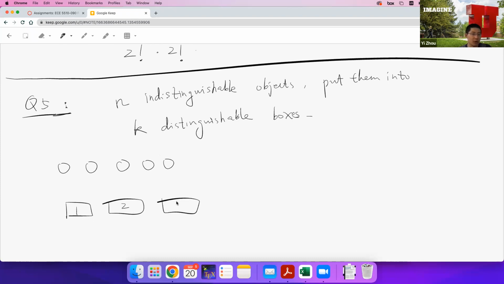And these boxes are distinguishable. Each box has a different label. Now, how many different ways can you do this? For example, you can put 1 ball in the first box, 2 in the second box, and 2 in the third box. And we only care about how many balls you place in each box.